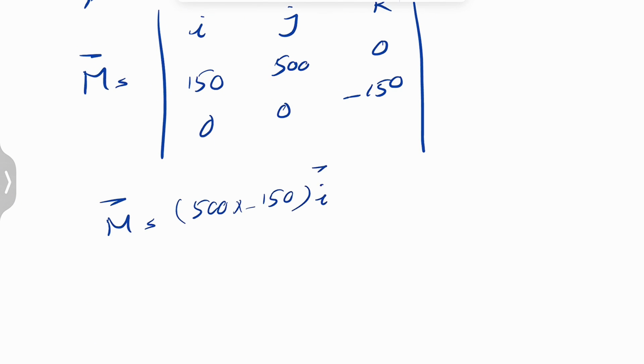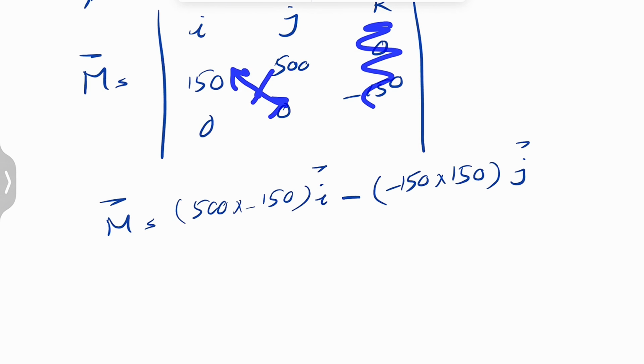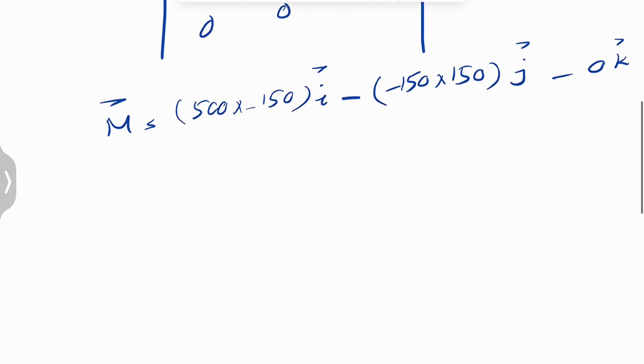That's going to be our i. We have a negative sign for j in the formula, so just keep that one in there. We're going to cover j. Again, negative 150 times 150. That's going to be our j. And for finding the k, if we just cover k, we have these two, which is basically 0, so there is no k component in here.